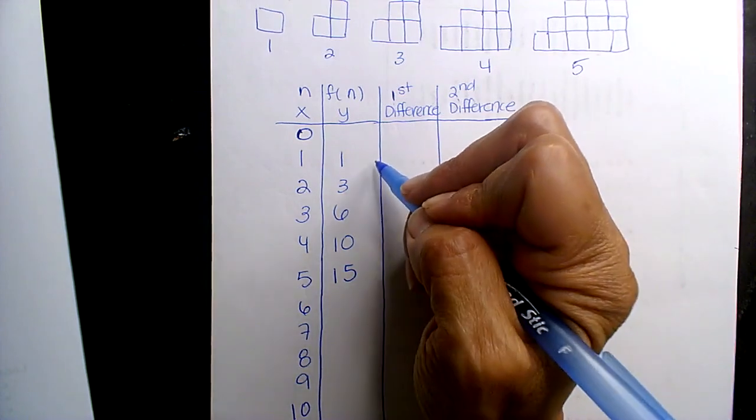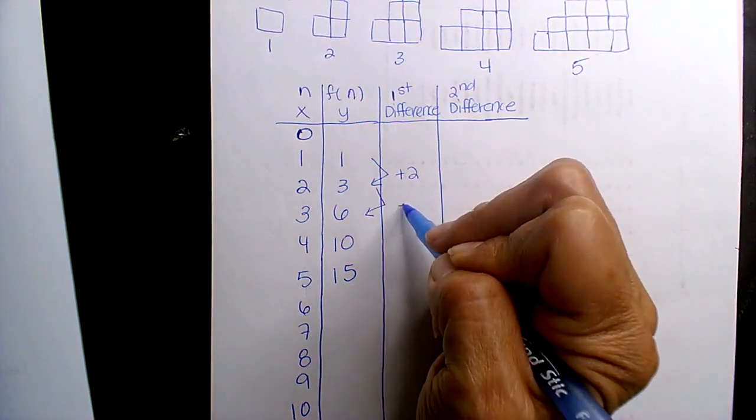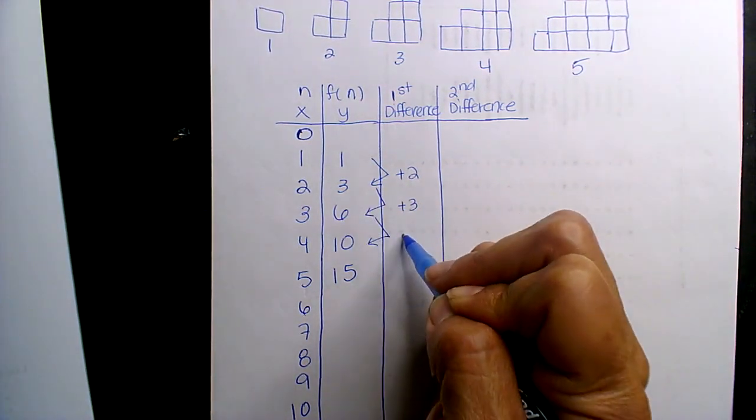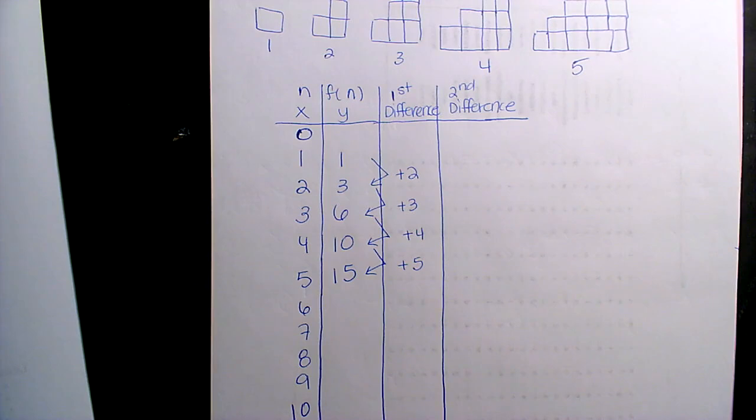Okay, so from 1 to 3, I got 2. From 3 to 6, I added 3. 6 to 10, added 4. And 10 to 15, I added 5, correct?